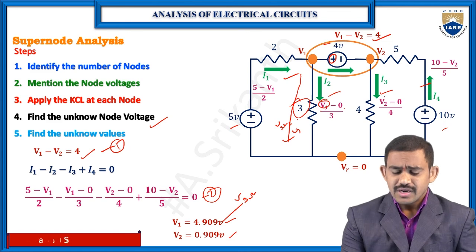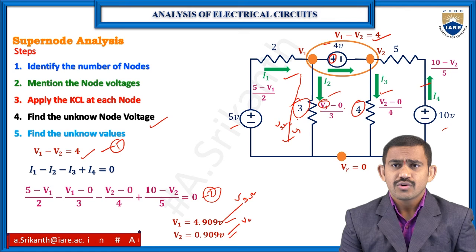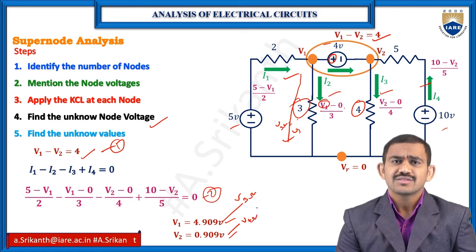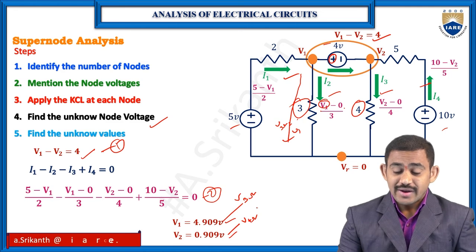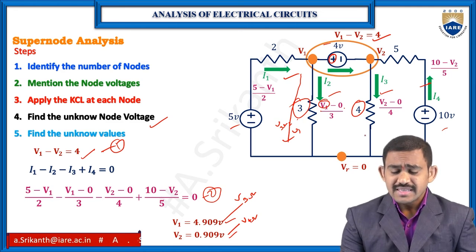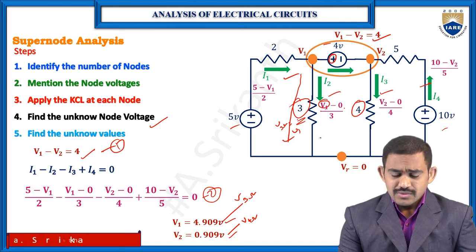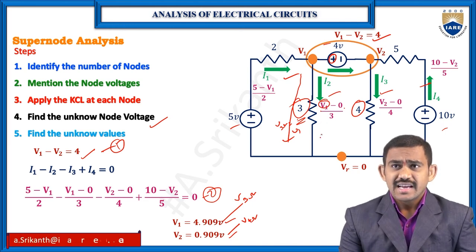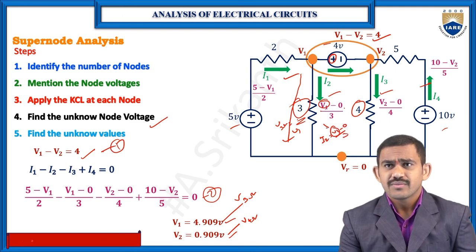The same thing at 4 ohms: it is the V2 value, so the voltage across 4 ohms is 0.909. Suppose I want the current at 3 ohms. That is the I2 current, V1 minus 0 by 3, so substitute the V1 value.